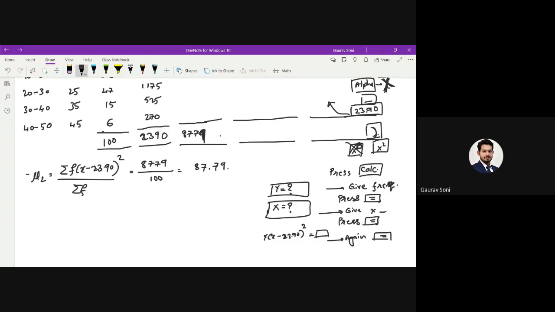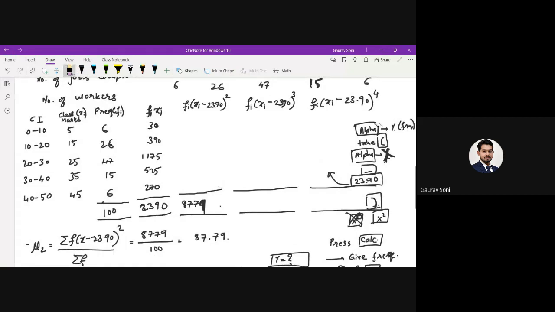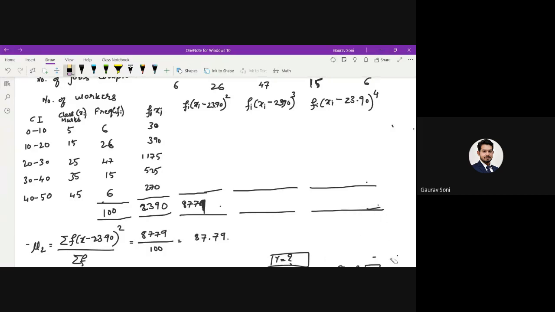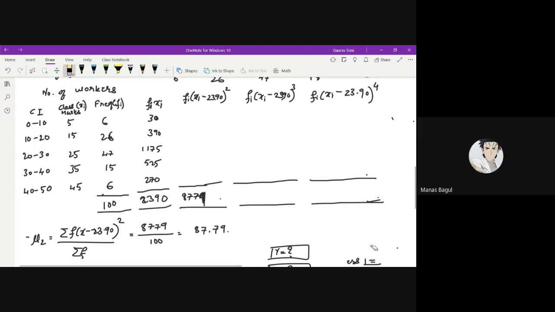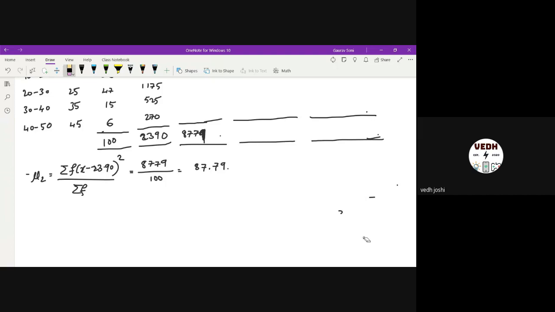Yes, next column. Distribute the columns. Manas, you have got the third column. Yes, I am just calculating the summation. Ved? No, sir, not yet.